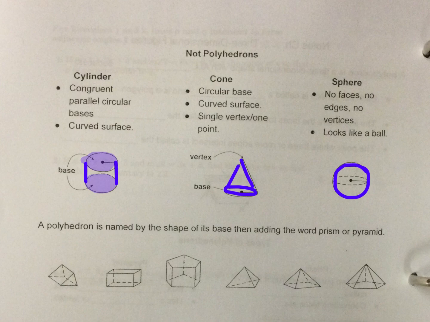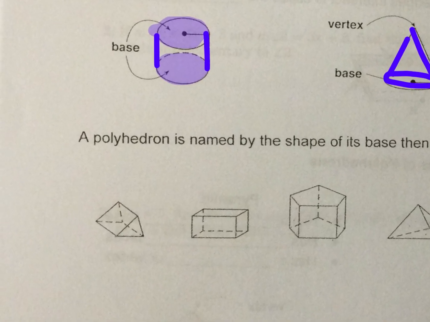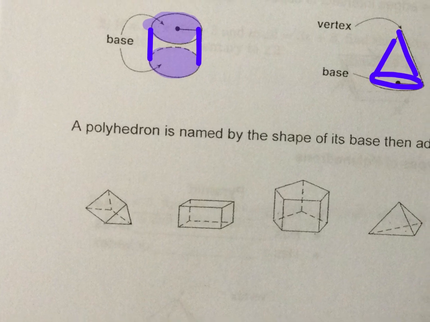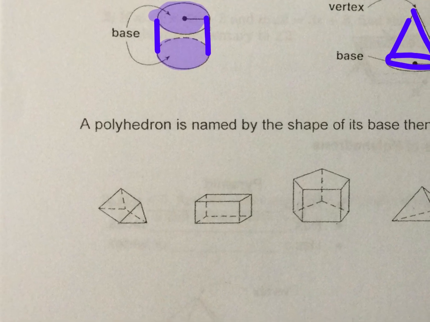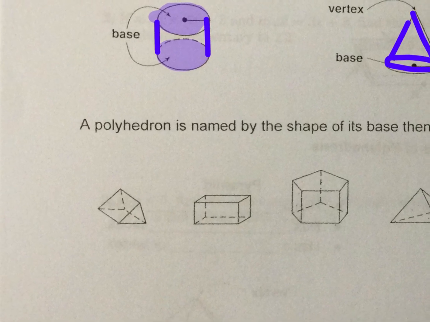So now we're going to shade the bases and talk about the names of each of these. These first three are all prisms because they have two bases. So I'm going to shade this triangle and that triangle. The name of this shape is a triangular prism. I name it by the base and then whether it's a pyramid or a prism.